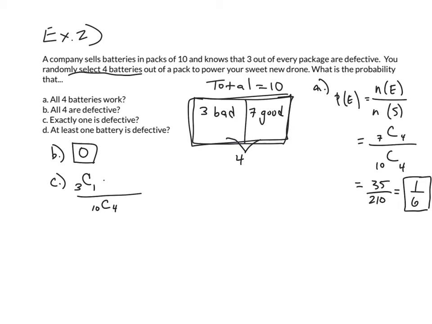So we also have to guarantee that we're going to choose out of the 7 good batteries 3 more. So at this point, you can put in your calculator and you should get 3 times 35 over 210. If you simplify, you get 1/2.